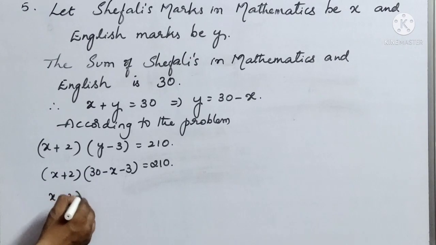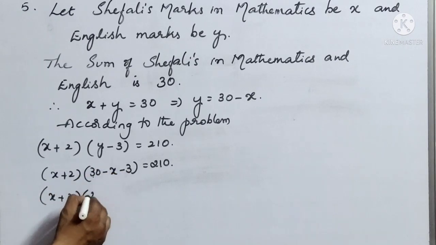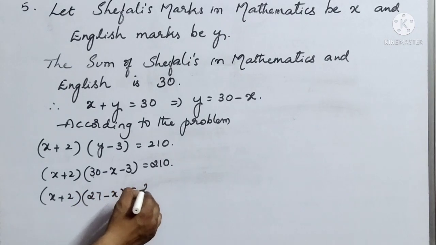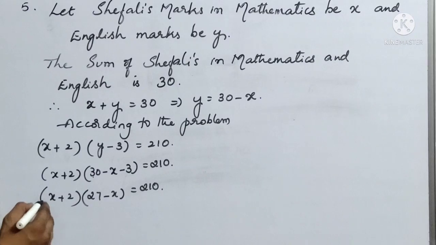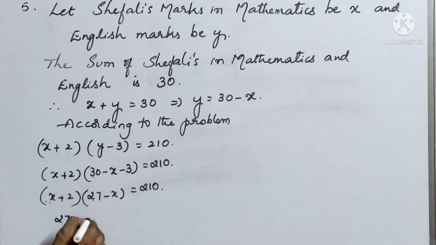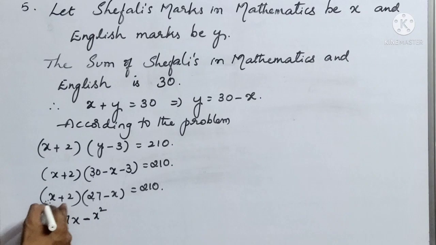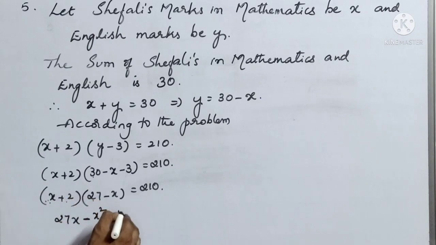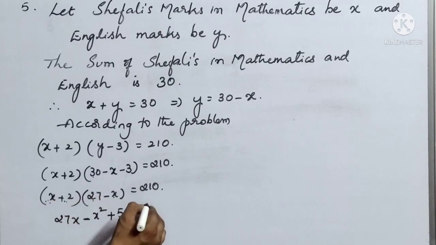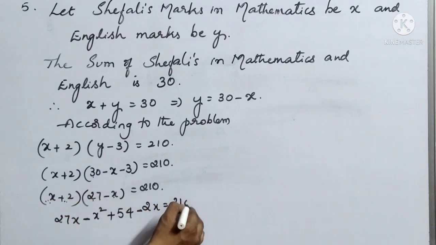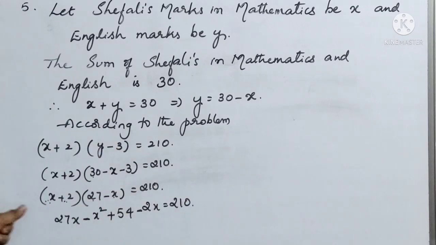So x plus 2 into 30 minus 3, that is 27 minus x, equals 210. So x into 27 is 27x, x into minus x is minus x square, plus 2 into 27 is 54, plus 2 into minus x is minus 2x, equals 210.